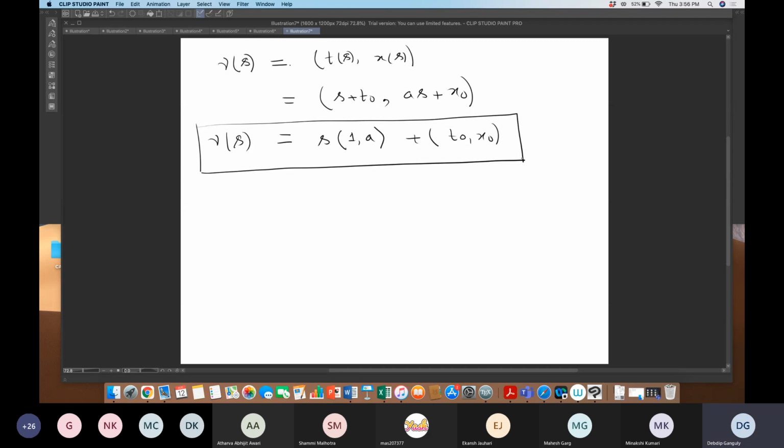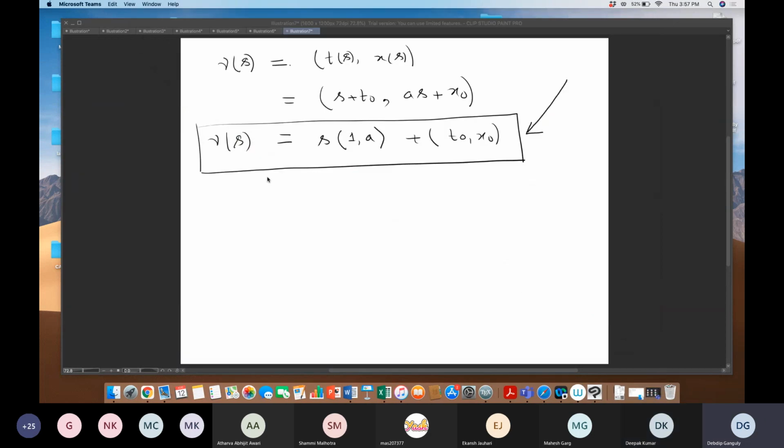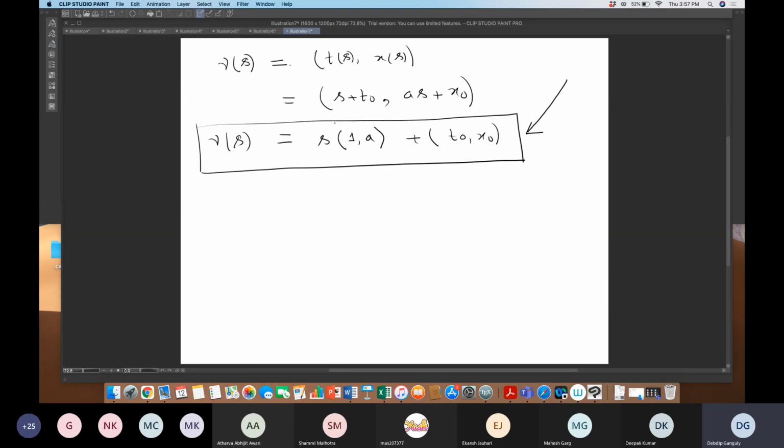What is this curve? What is the parameterization of this curve? It's a straight line, exactly, with slope A. You just substitute and you will get that this is a straight line with slope A.